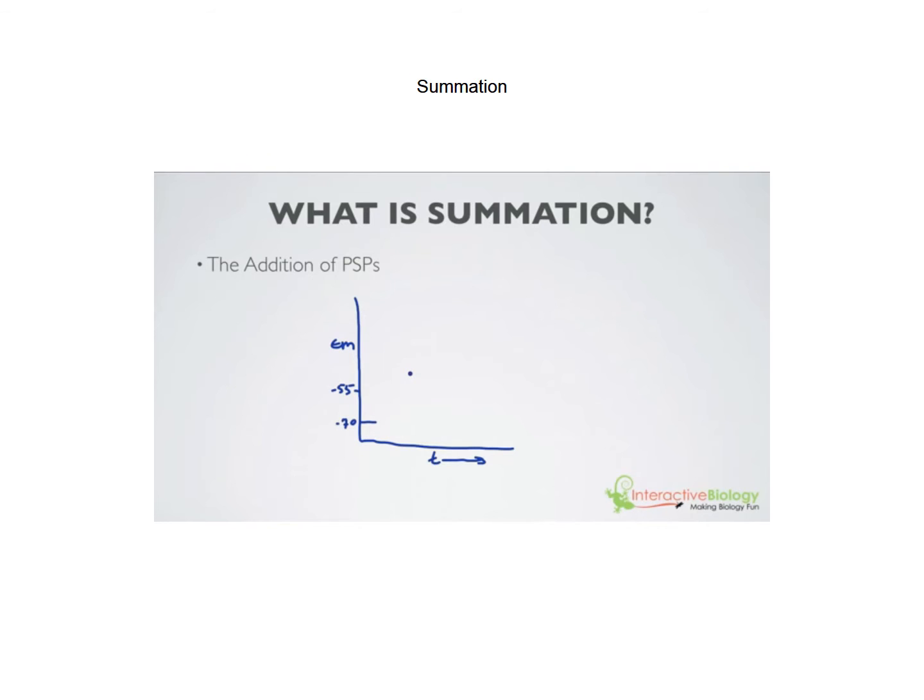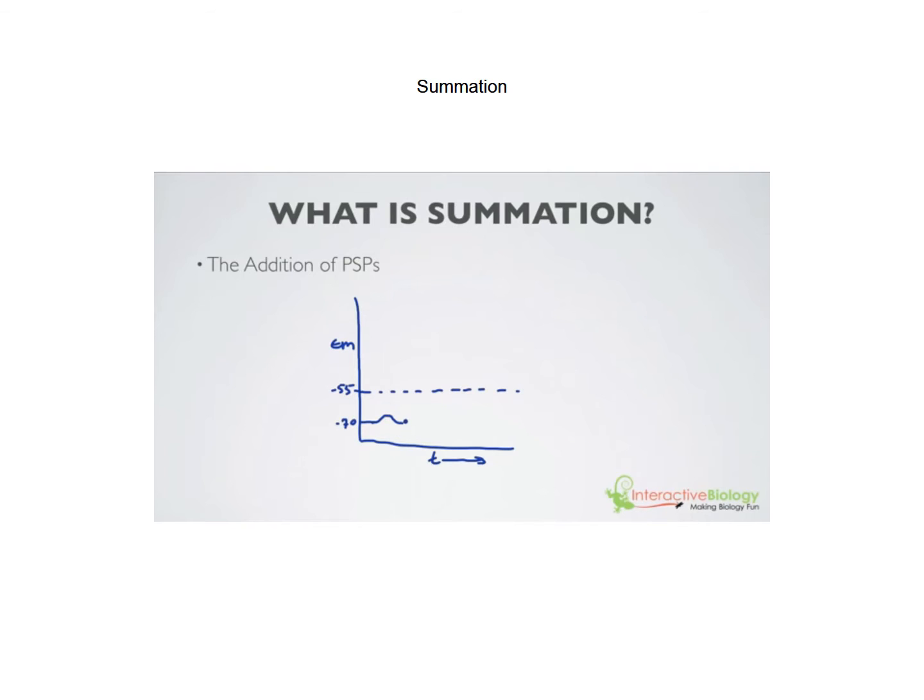So an action potential comes down an axon, it reaches the axon terminals, neurotransmitters are released, and that causes an excitatory postsynaptic potential in the postsynaptic cell. What you're going to see there is there's going to be a little bump in the membrane potential. Now we know that the threshold is up here, so that bump is not going to be enough to cause an action potential.